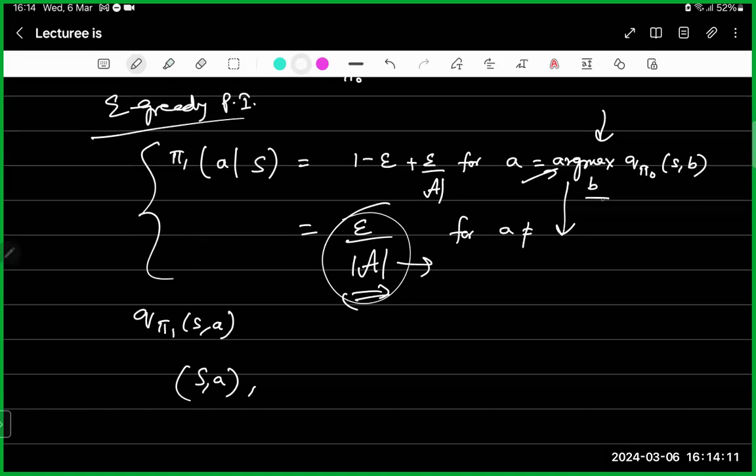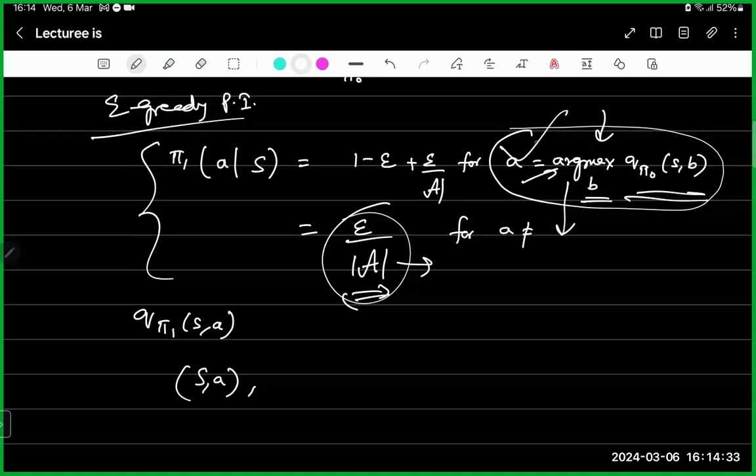You are looking at all possible B's and then looking at what is the best q pi naught of S comma B. This is the same thing which we had before. Previously, we were improving in a deterministic way, which says that whenever you come to state S, you play this particular action.